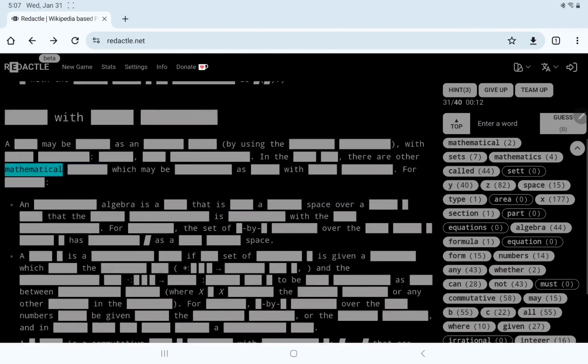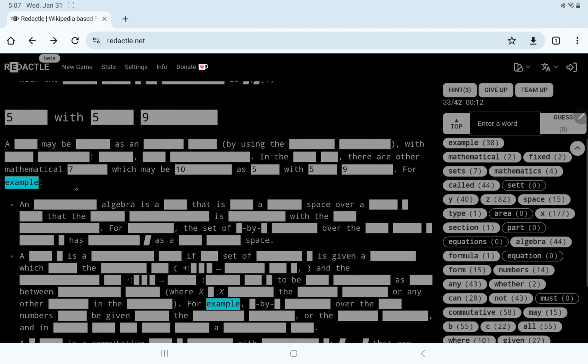Only 2 mathematical. There are other mathematical. 7 as something as fixed. No, as something, for example, an 11 algebra is a 4.